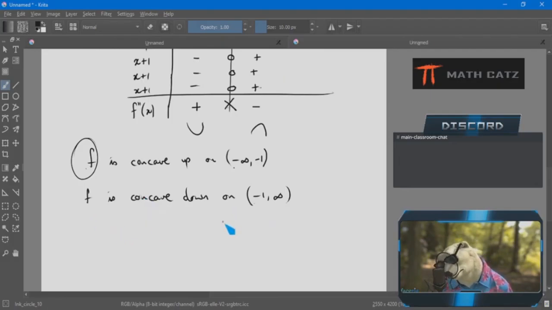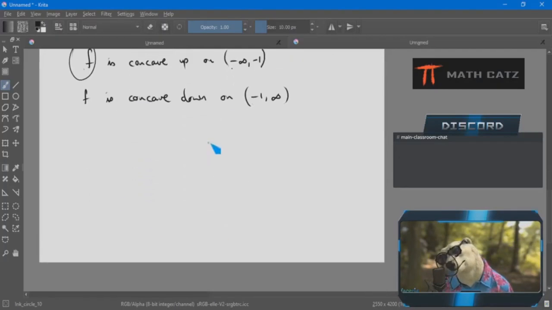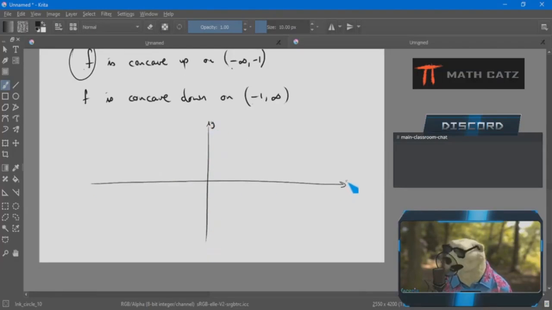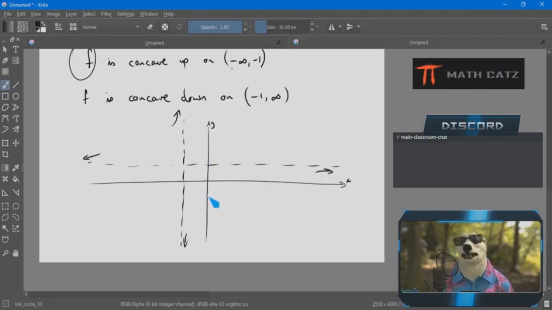Okay. Now, let's remember what came from steps 2 and 3. I really had a lot of information. We knew it was going this way, and this way, and this way, and this way, and all the increasing, decreasing information told me that.